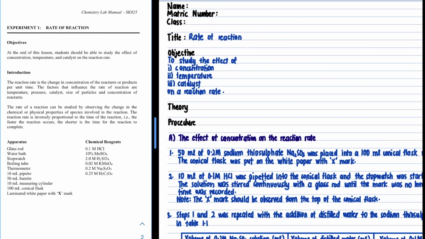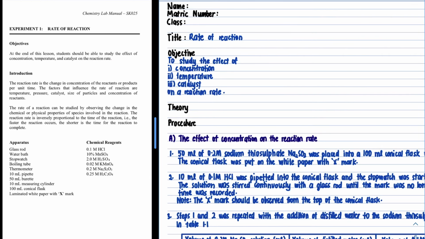But instead of writing down all the words here, we're going to start from here: to study the effect of concentration, temperature, and catalyst on the reaction rate. What I have written down here, I have divided further into 3: to study the effect of one, concentration, two, temperature, three, catalyst.